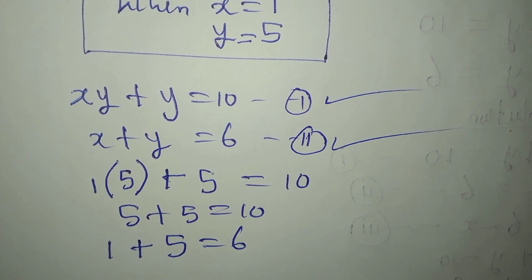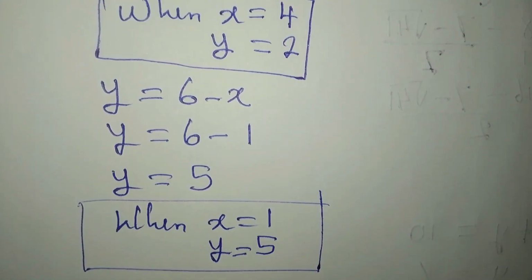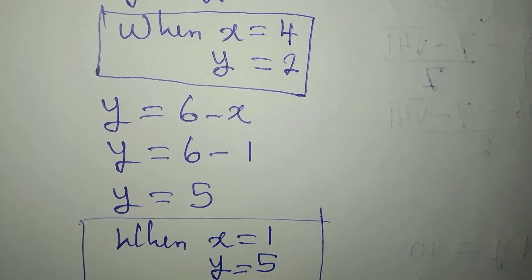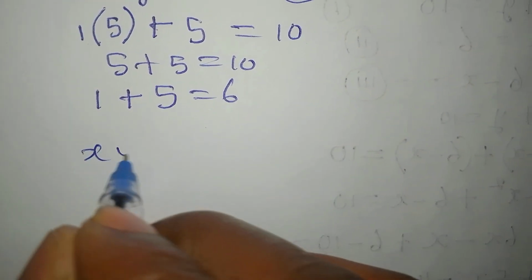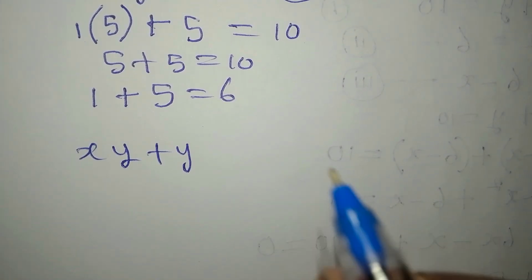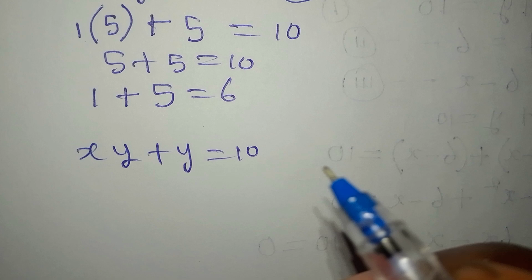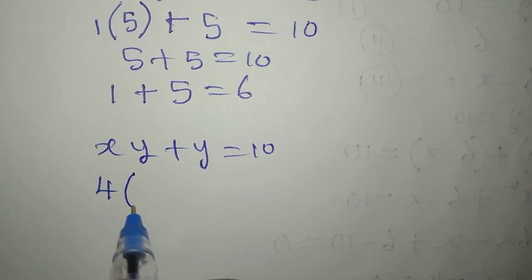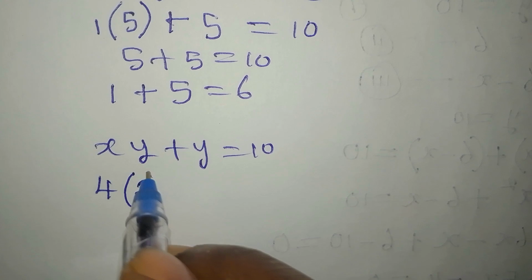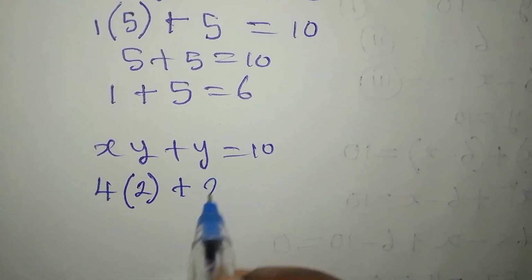Now, let's get the other solution. That is x is 4, y is 2. So x is 4, xy plus y equals 10. Now, x is 4. That means we have 4 into bracket 2, then plus y is still 2.